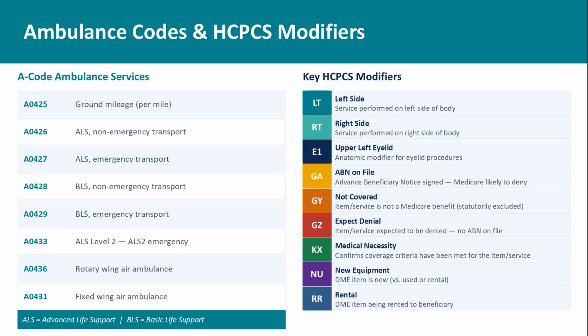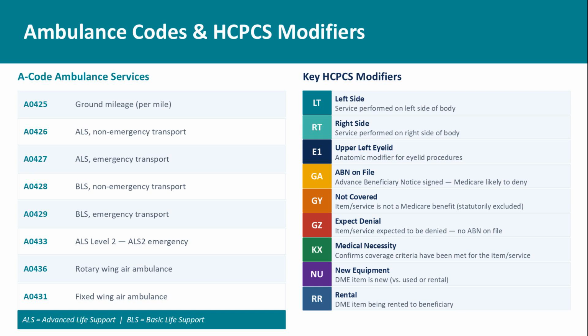BLS, basic life support, is for patients who don't require advanced interventions. ALS, advanced life support, is for patients requiring advanced interventions like cardiac monitoring, IV therapy, or airway management. ALS Level II, coded as A0433, is for the highest level of ALS service involving 3 or more medications or 1 or more ALS procedures.